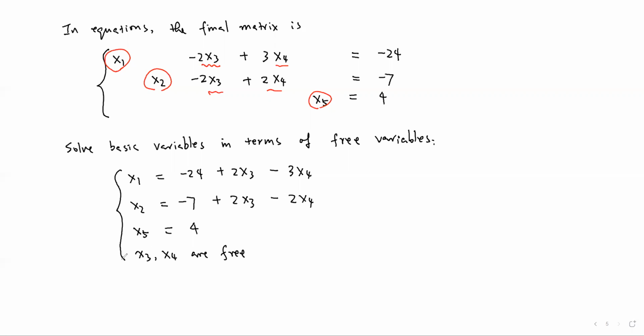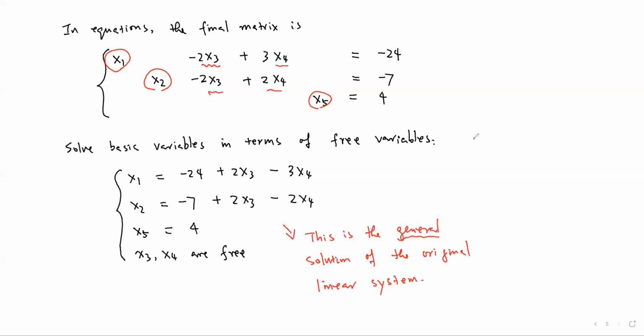What it means, free? Arbitrarily assign values to x3, x4. Okay, this is the general solution of the original linear system. A general solution means all the solutions.